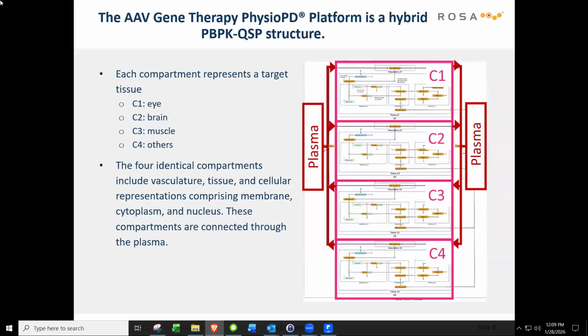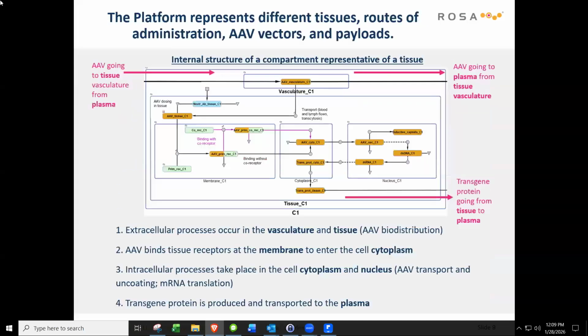The first one represents eye tissue, the second one brain, third one muscle, and the fourth compartment is an average of tissues, peripheral tissues that are not explicitly represented in the model.